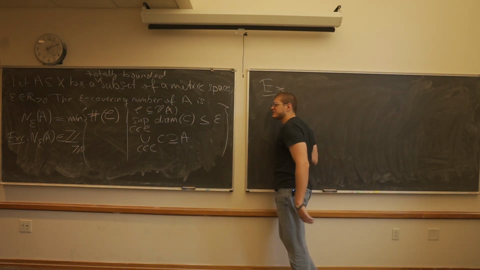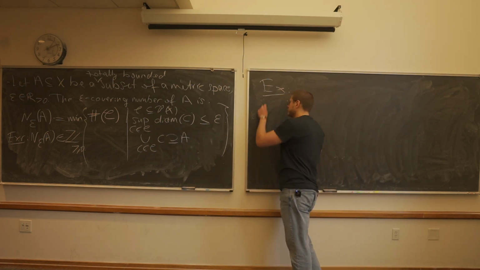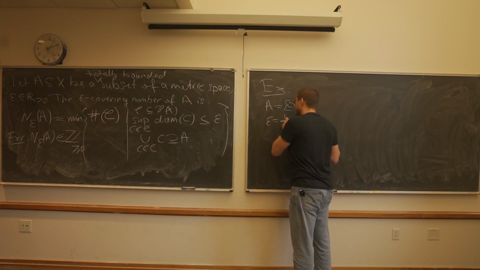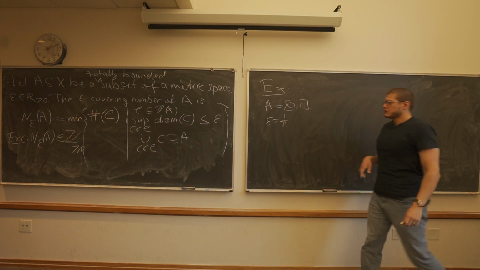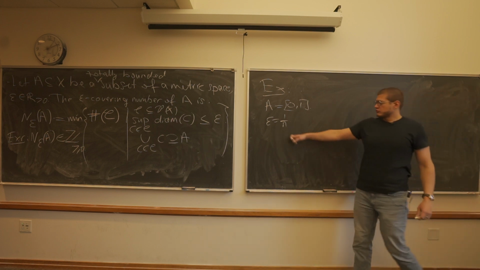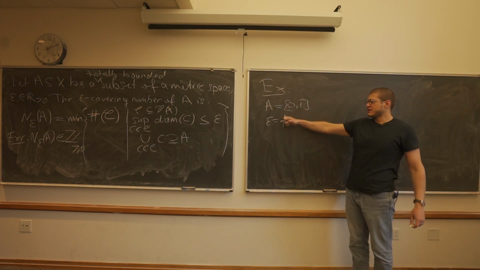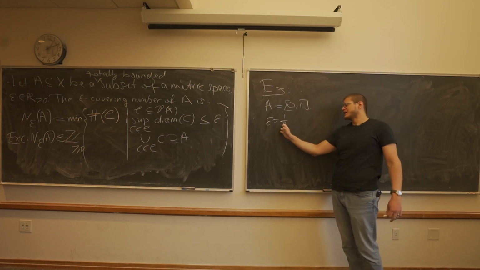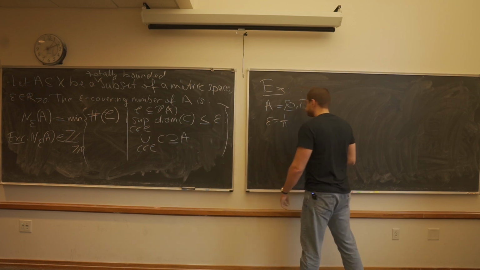So let's try to understand this number using the interval, for instance. I'm saying I want to cover A using cells each of which has a diameter at most epsilon.